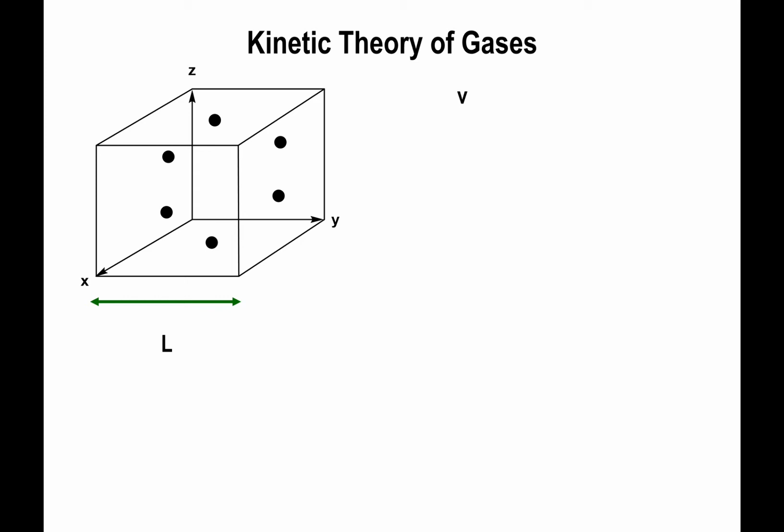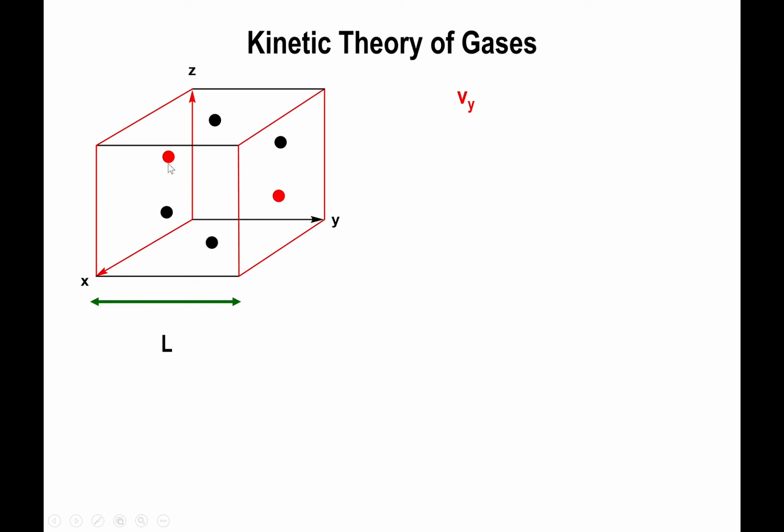And if you just statistically try to determine where they could go, well, you only have 3 different axes in this cube. There's only 3 dimensions. And so the 6 gases are, statistically speaking, going to subdivide themselves into either going to the x-axis, the y-axis, or the z-axis in terms of the movement. And that means that if you're moving on the y-axis, you could be moving left or you could be moving right.